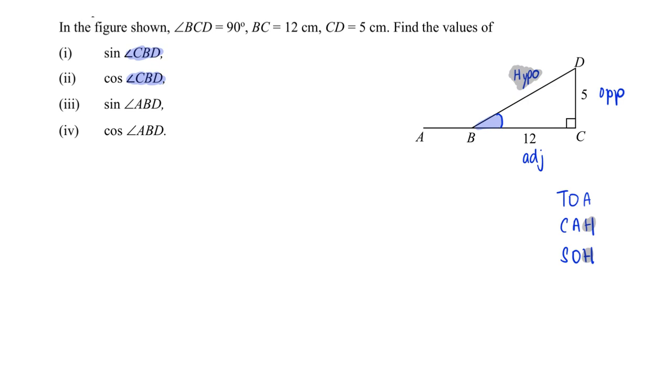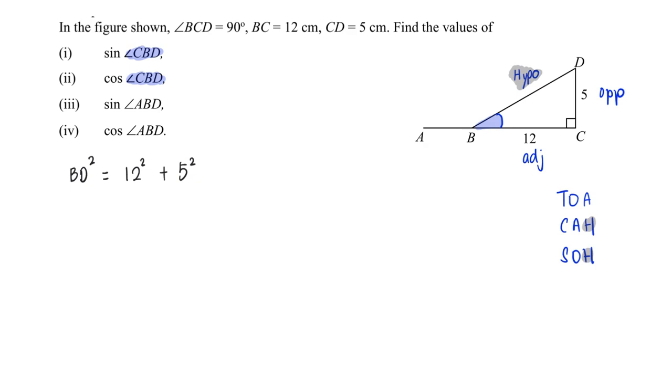And this is a right angle triangle. So even before I get started, I will need to find BD. BD squared is equal to 12 squared plus 5 squared, because I am applying Pythagoras theorem.